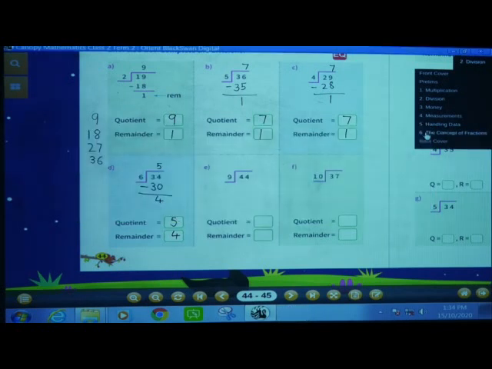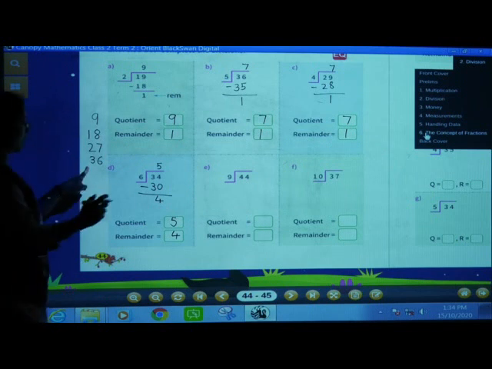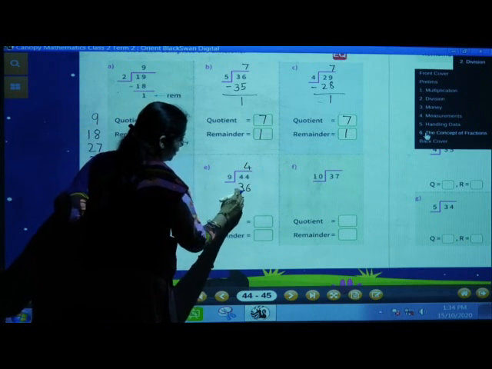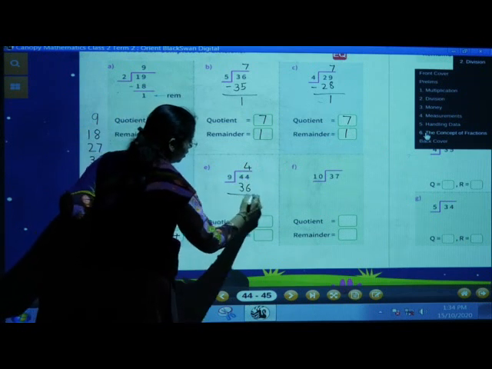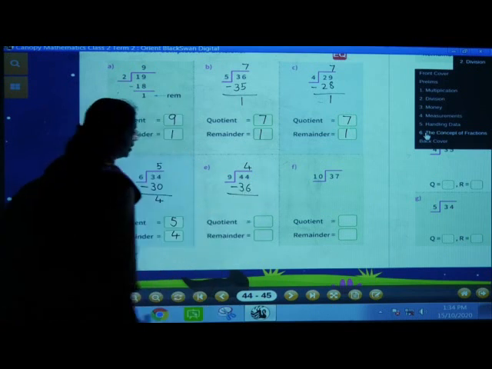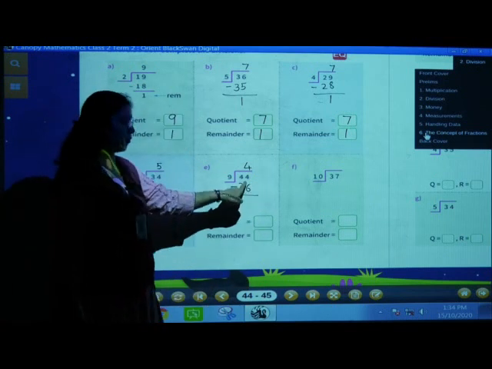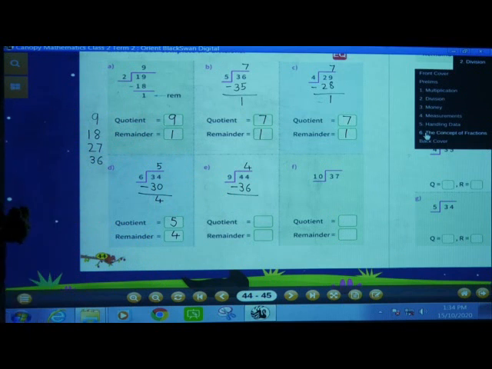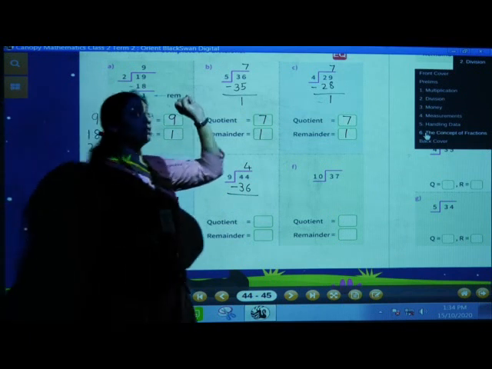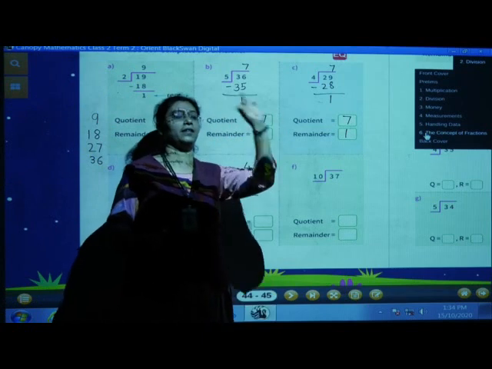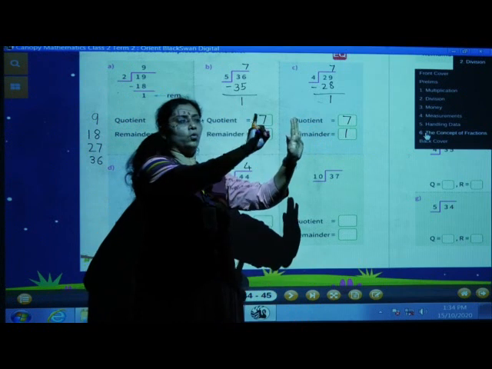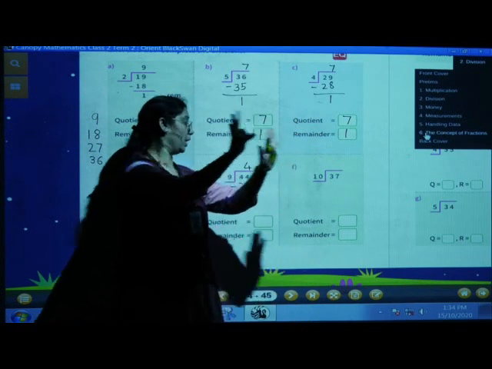We can't take 45 because 45 is a bigger number than 44. Then 9 fours are 36. We have to write 36 below this 44 and then subtract 36 from 44. Count the fingers after 36: 37, 38, 39, 40, 41, 42, 43, 44.